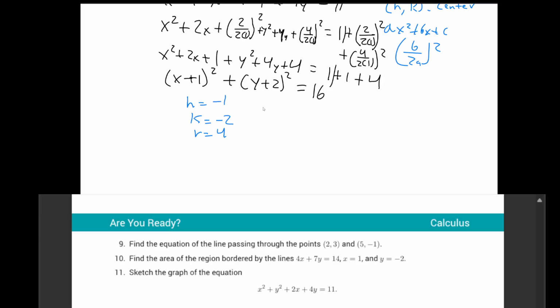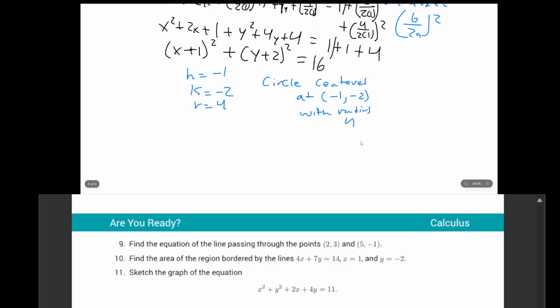We'll have a circle centered at -1, -2 with radius 4. So let's sketch it real quick. We can put here -1, -2.